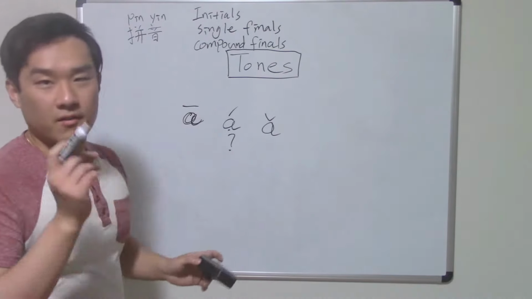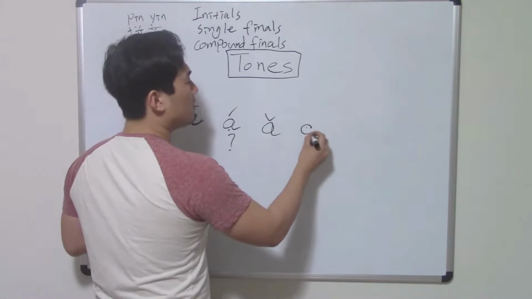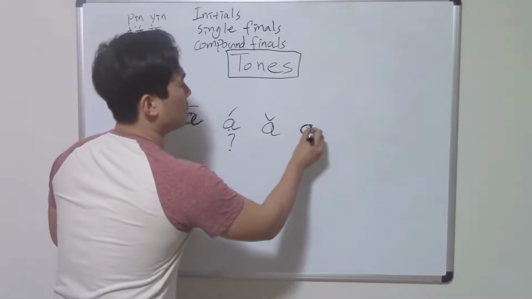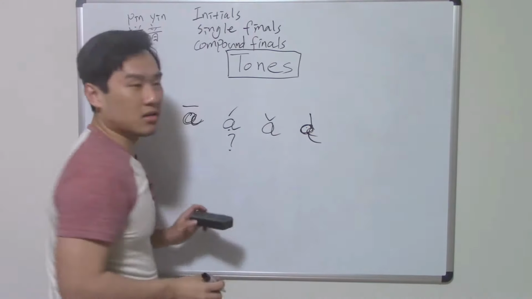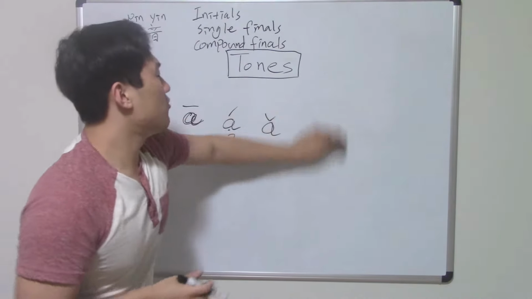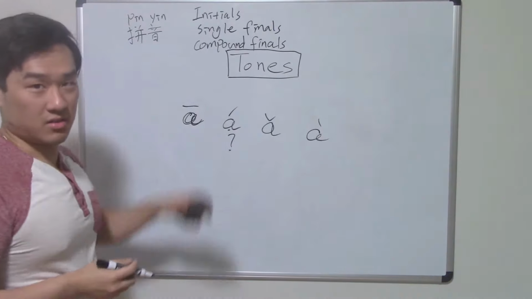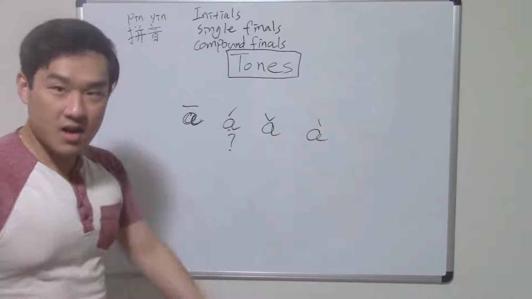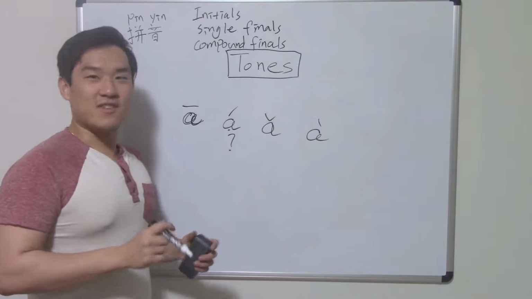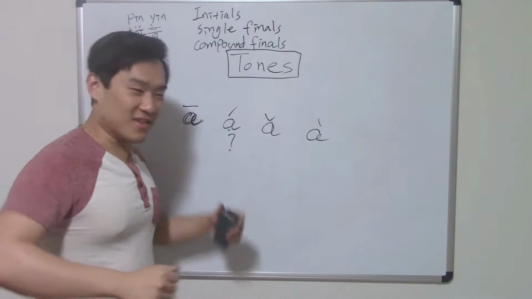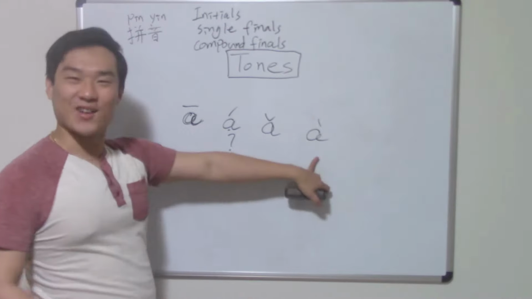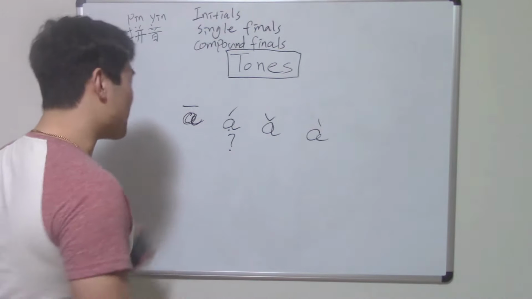And then the fourth one, the last one here, will be going down. Let me write it one more time here. That's going down, like if you get angry, like the F word, you know, it's kind of like that too, going down.